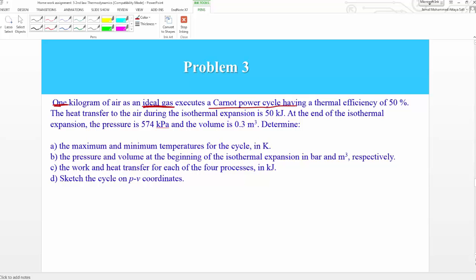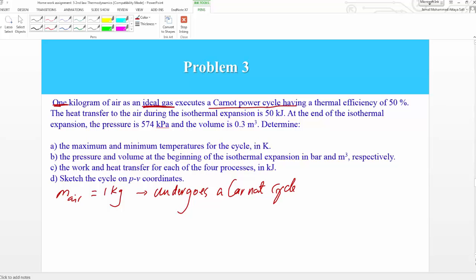So we can start writing at least what we have. The mass of the air is equal to 1 kilogram. And then it's of course a Carnot cycle. The system undergoes a Carnot cycle.